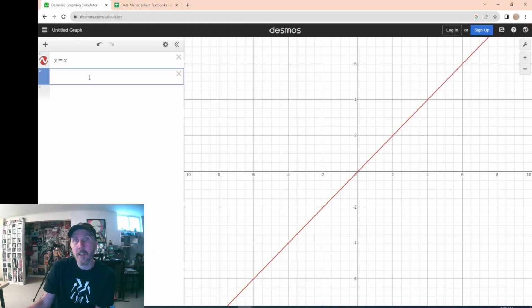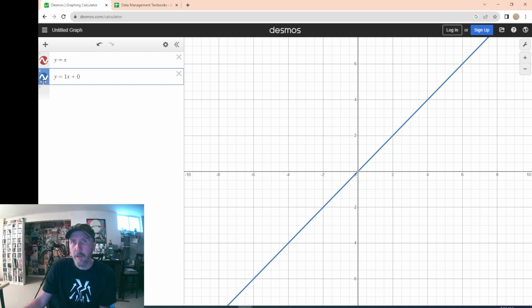Now, as I typed in y equals x, most people remember, because it is pushed into our heads in high school, y equals mx plus b is the equation of a line. So if I wanted to do the same line in that slope y-intercept form, y equals 1x plus 0 gives me the exact same line.